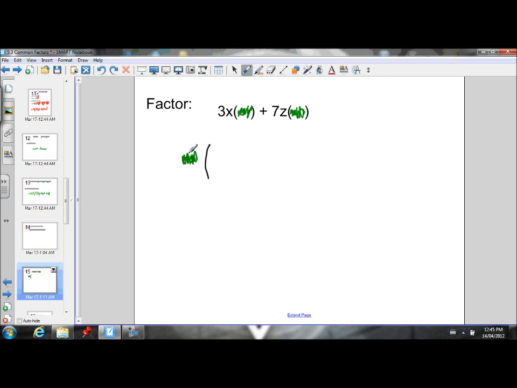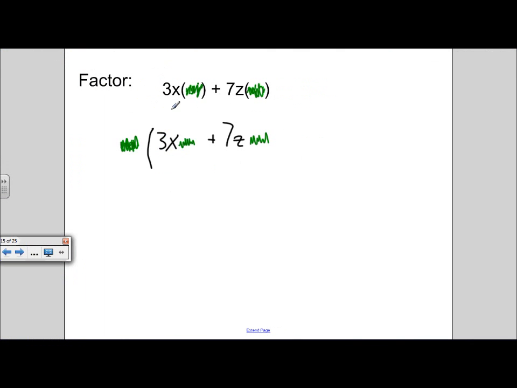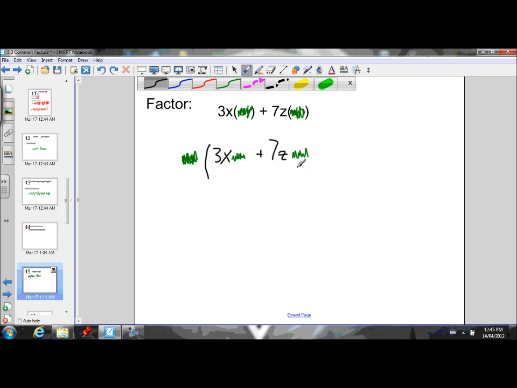Okay, we have that green something up front, then we have 3x divided by that green something, plus 7z divided by that green something, and we're going to divide both of those by that green something.